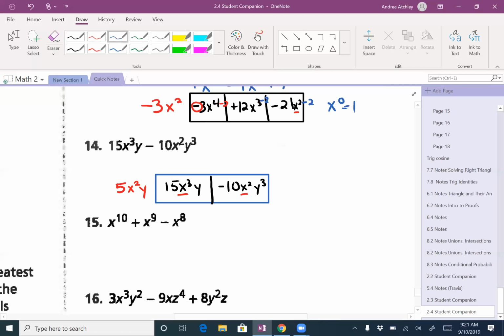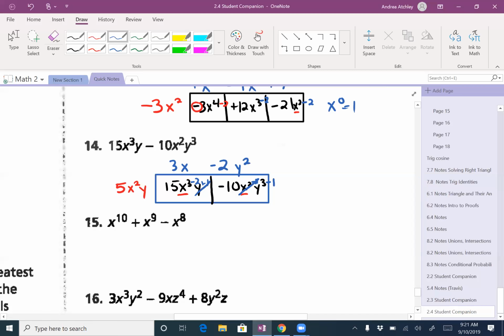Then we divide. 15 divided by 5 is 3. I subtract the exponents and I get x to the first. I subtract the exponents and the y becomes 1. Then 10 divided by 5 is negative 2. I subtract the x's. Okay, that becomes x to the 0, which is 1. I subtract the y's, y to the first, and I get left with y squared.